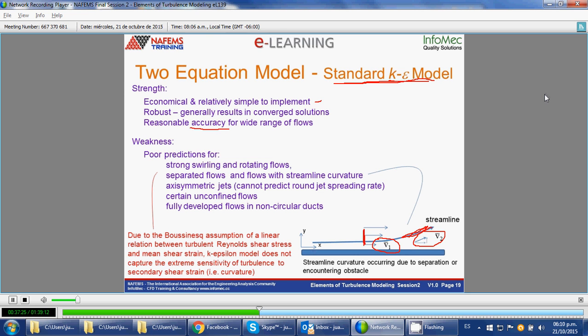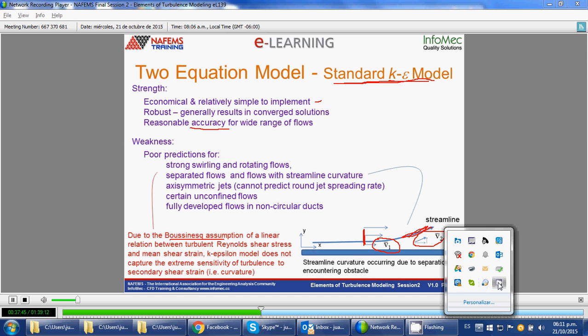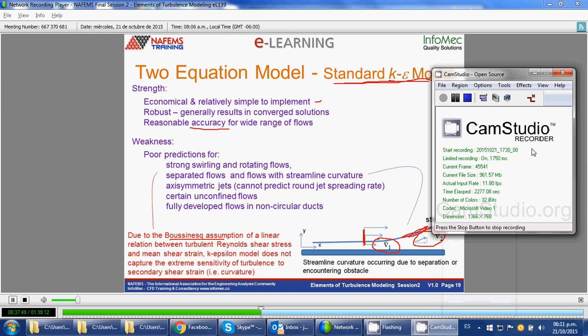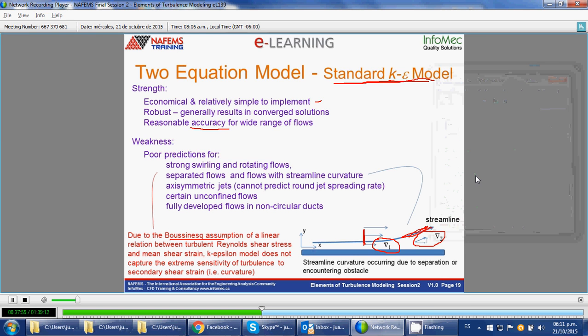So I have written it in red here, and I'll read it with you, and we'll discuss that. We said, due to the Boussinesq assumption, there is a linear relationship between the turbulence Reynolds stress and the mean shear strain. Remember we talked about this. K epsilon does not capture the extreme sensitivity of turbulence to secondary shear strain.